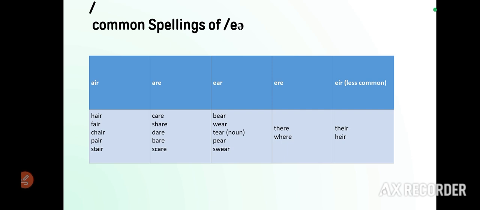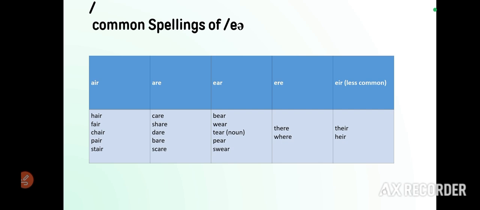It can appear as AIR as in air, fair, chair, pair, stare. It can appear as ARE in care, share, dare, bear, scare.